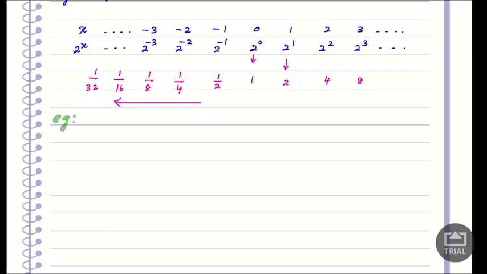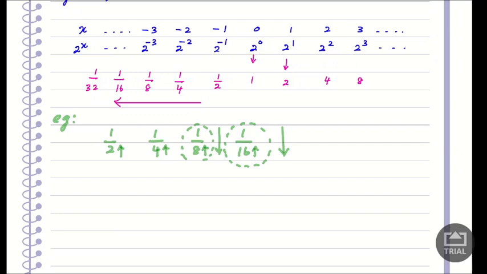You know that 1 divided by 2, 1 divided by 4, 1 divided by 8, 1 divided by 16. When the denominator is increasing, this whole thing is decreasing. You can see 1 divided by 8 is larger than 1 divided by 16.